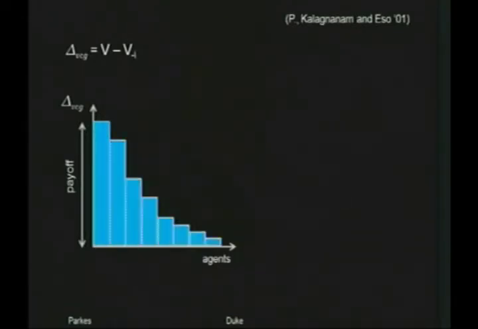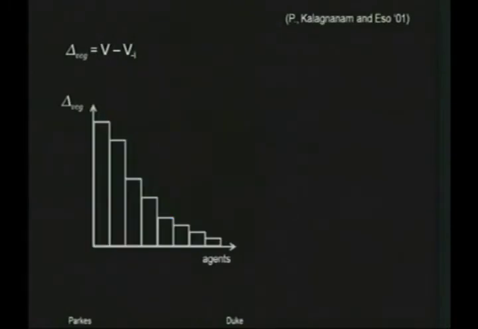So this is what VCG would do. It would allocate all this discount back. This would be the payoff distribution for 1, 2, 3, 4, 5, 6, 7, 8 agents in a particular instance, ordered from high payoff down to low payoff. But we can't do that because we don't have enough money. So what are we going to do?